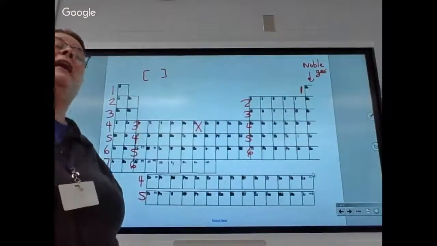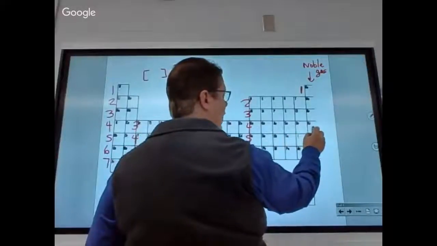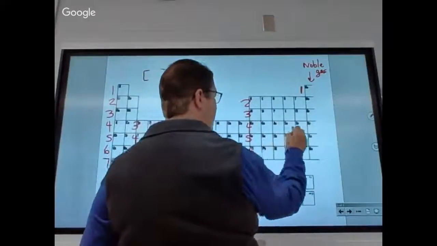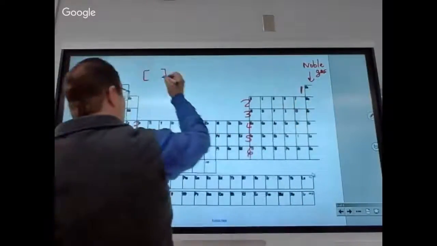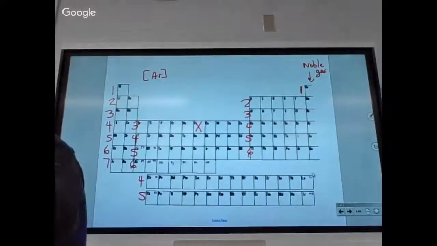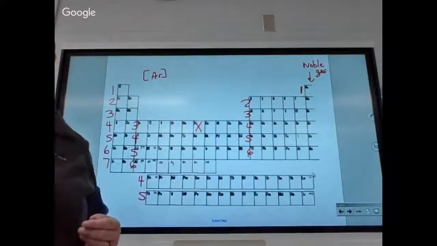If you can't find it, go to the end of the row and go up 1. It's argon. And you put argon in brackets. That takes care of all of the configuration through argon.